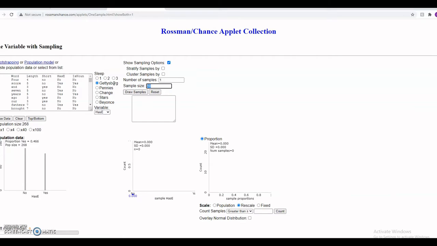We know in order for it to be a binomial distribution, it must satisfy the central limit theorem. The central limit theorem basically tells us that the sample size times the probability is greater than 10.